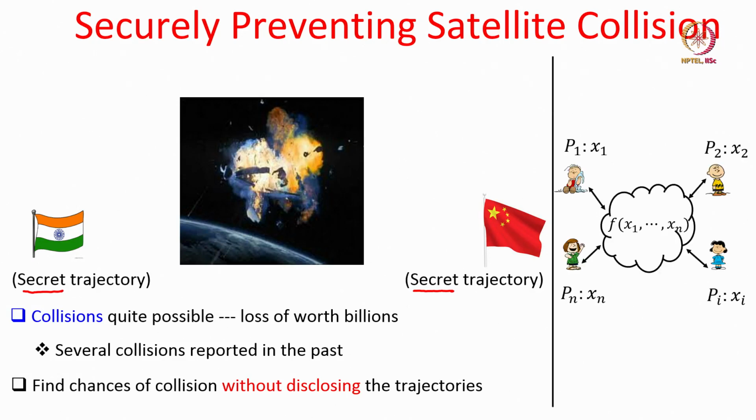So, again you can see how this problem very nicely fits into the paradigm of secure multi-party computation. We have n equal to 2 parties and their xi information is nothing but their individual trajectory information, and the function that they are interested to compute is the probability of collision. Okay.